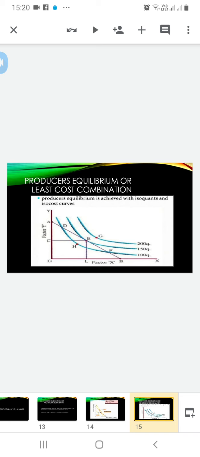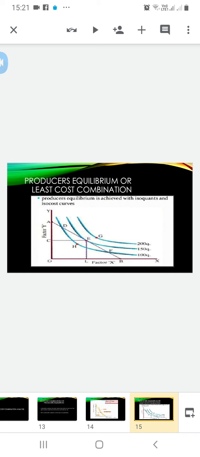At combination R and S, MRTS XY is greater than PX by PY. At combination K and L, MRTS XY is less than PX by PY. At combination Q, the isocost line is tangent to the isoquant.